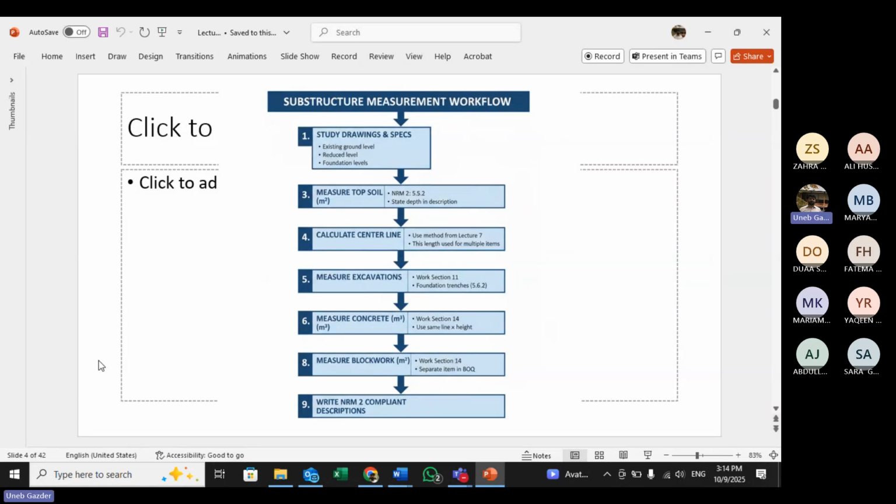So there's an existing ground level without doing anything. Then you want to clean it and level it to get to a constant level, that is a reduced level. And then you want to do some excavation to reach up to the foundation level. So all this information will come from the drawings and specifications and other things as well.